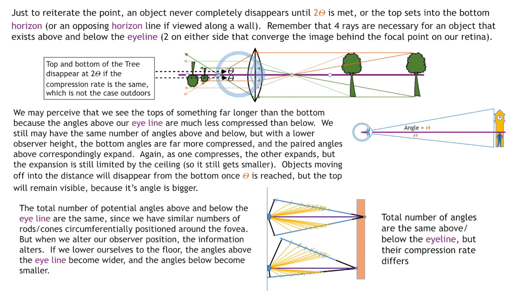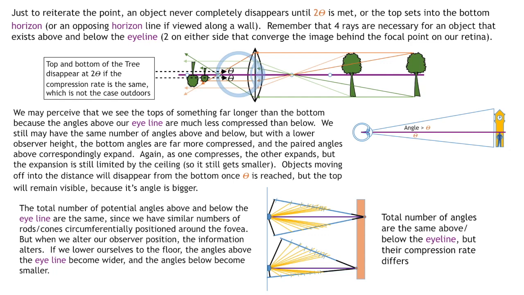So we may perceive that we see the tops of something far longer than the bottom because the angles above our eye line are much less compressed than below. We still may have the same number of angles above and below, but with a lower observer height, the bottom angles are far more compressed, and the paired angles above correspondingly expand. Again, as one compresses, the other expands, but the expansion is still limited by the ceiling, so it still gets smaller.